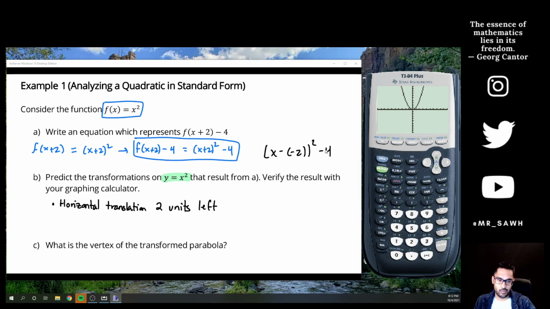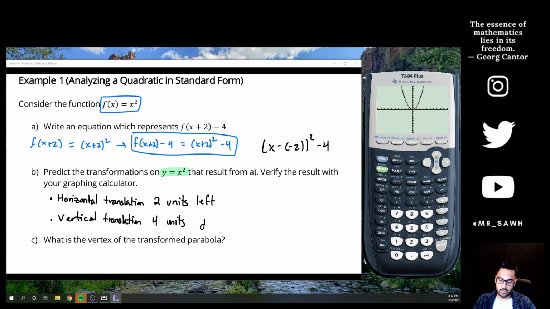In the sense of a vertical translation, the other value, we are going to move 4 units in a downwards direction. Okay, so 4 units down. So I know that if I graph this, what I should see, and you can put in just x plus 2 squared, that's in brackets, and then our minus 4.